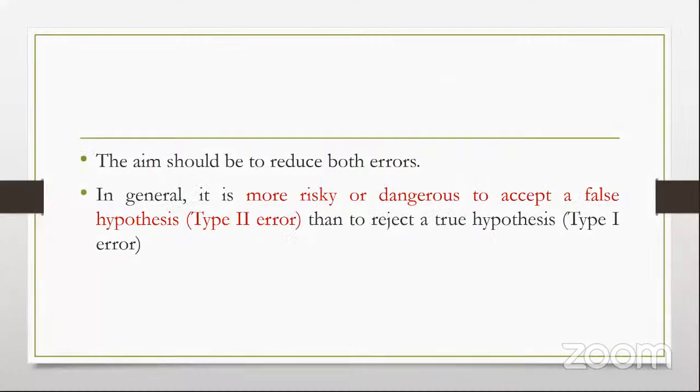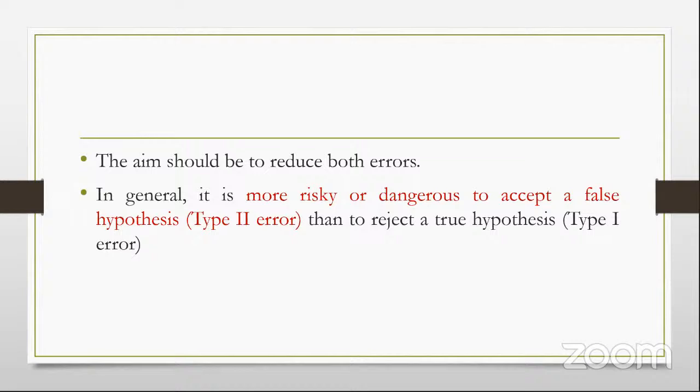So our main aim is to reduce both errors, and in general, it is more risky or dangerous to accept a false hypothesis. We cannot accept a false hypothesis. And it is less risky to reject a true hypothesis. The type 1 error is less risky, and we can reject the true hypothesis, although later on it may be found out that there was a type 1 error during the previous experiment.